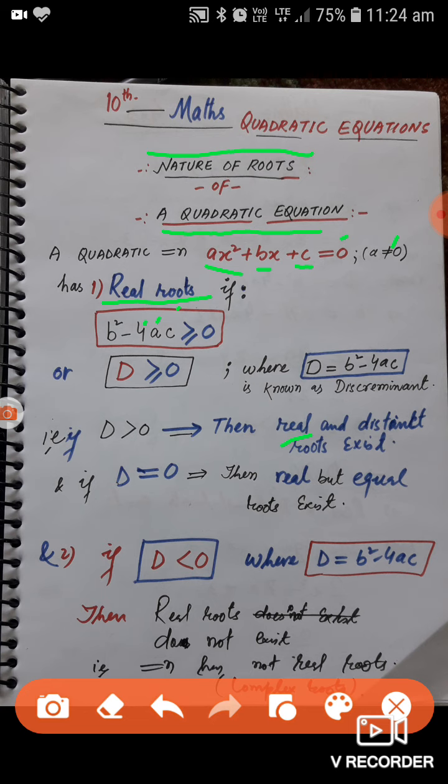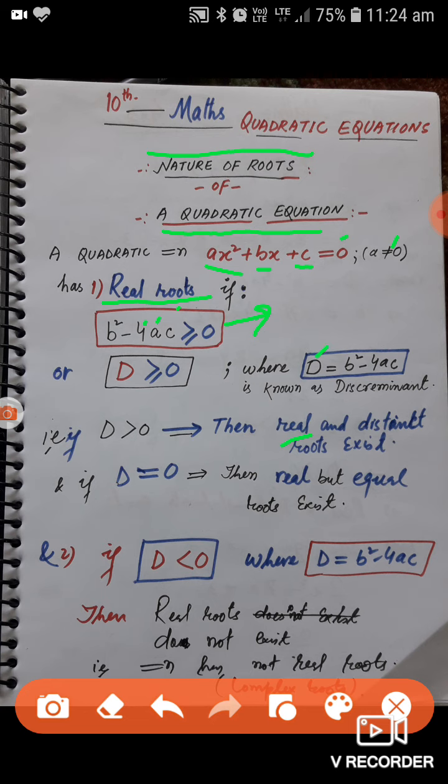So a quadratic equation ax square plus bx plus c equal to 0 has real roots only if b square minus 4ac is greater or equal to 0, where a is the coefficient of x square, b is the coefficient of x, and c is the constant term. We can write b square minus 4ac equal to d.